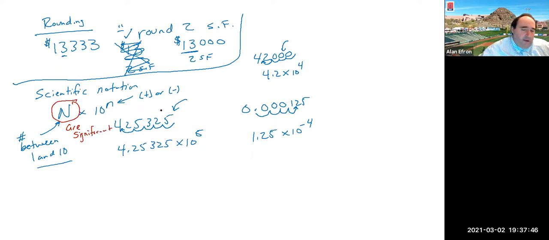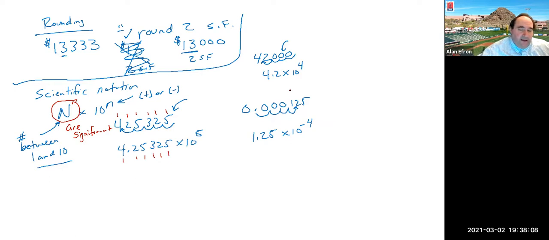Which means when you turn a number into scientific notation, or you go from scientific notation back to the number, you should never lose significant figures. So this original number had 1, 2, 3, 4, 5, 6 significant figures. When I write it in scientific notation, it has 1, 2, 3, 4, 5, 6 significant figures.